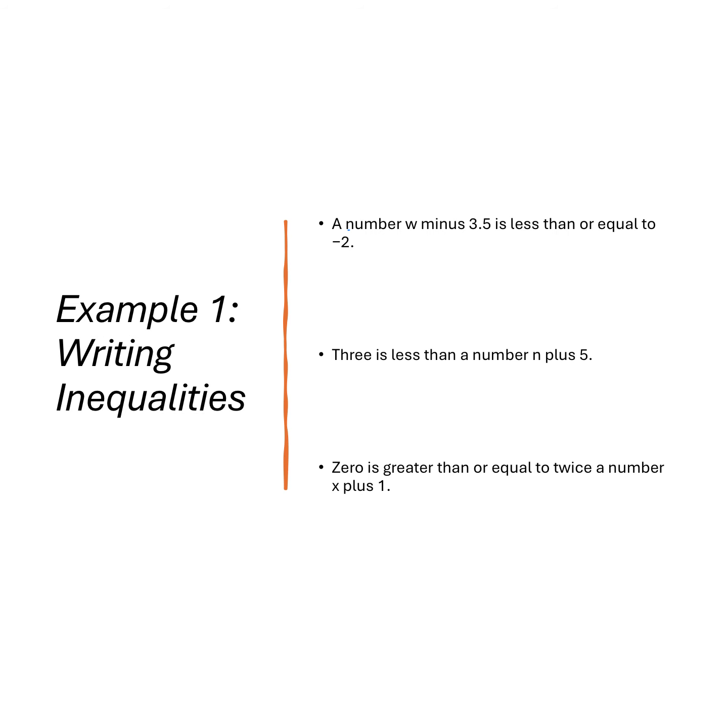What should I highlight? Let's start highlighting and separating the inequality. What do we have? A number minus 3.5. So that's going to be our what? A number W. So W is going to be the representation, correct? So I'm going to have W minus what? W minus 3.5, correct?